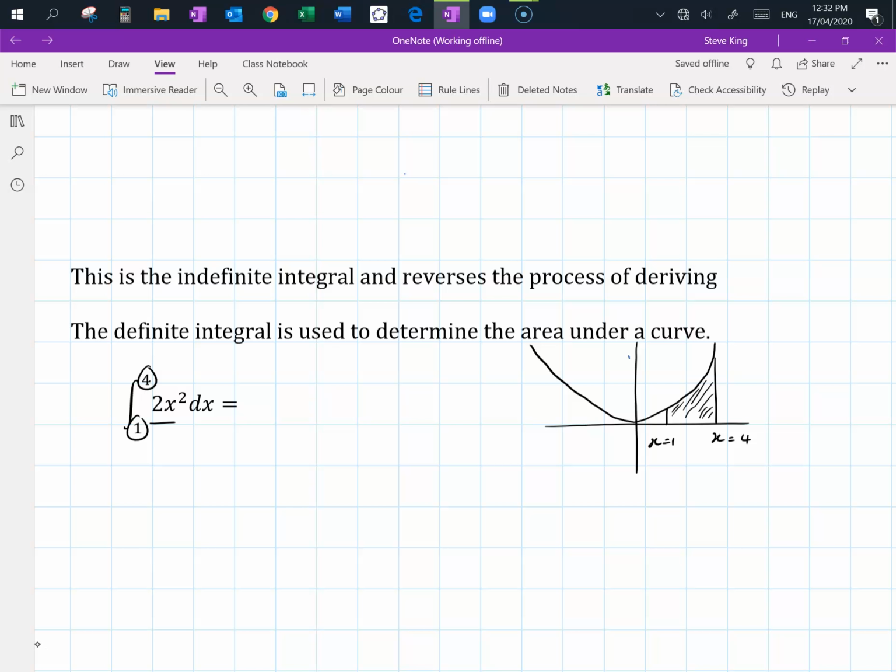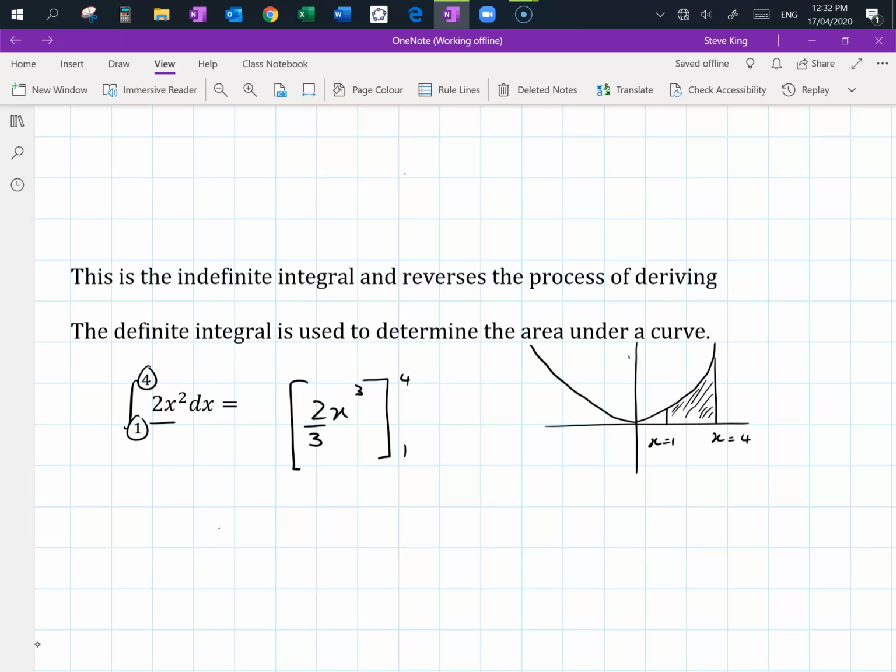To do that, I'm going to integrate the function. So I've got my 2x. The power of the x is squared, so it's going to increase to cubed, and I'm going to put that 3 over in front as the denominator of the fraction of 2. And now in this case, because I'm dealing with a definite integral, I don't add on c, but I do put some brackets around these and indicate that I'm going to be working between 1 and 4.